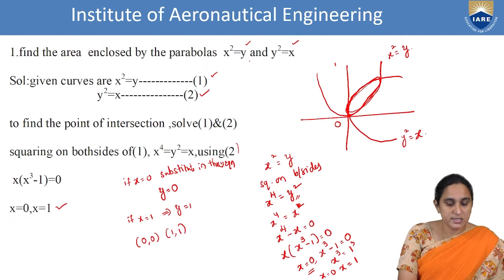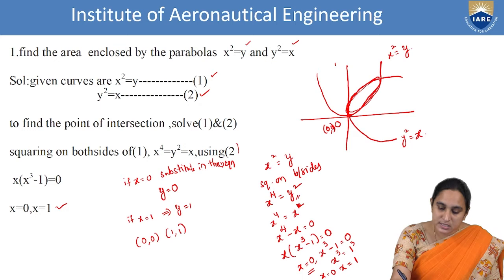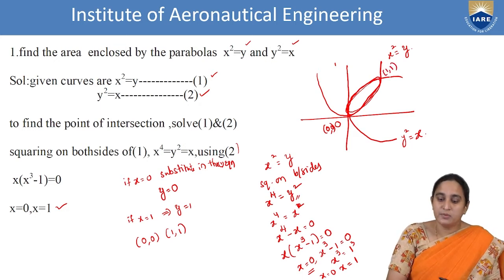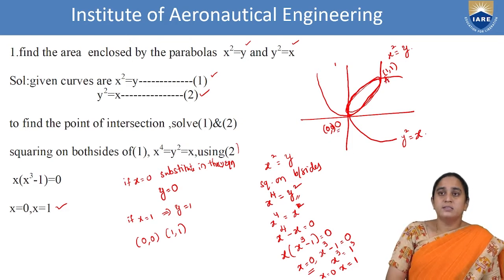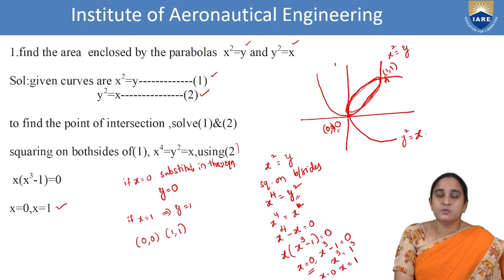Okay, if we take x as 1, then y is 1. Here I'll take the intersecting point 0, 0, which is the origin, and 1, 1 is the other intersecting point. I'll take that as O and this as A. It's the intersecting point of two parabolas, x square is equal to y and y square is equal to x.